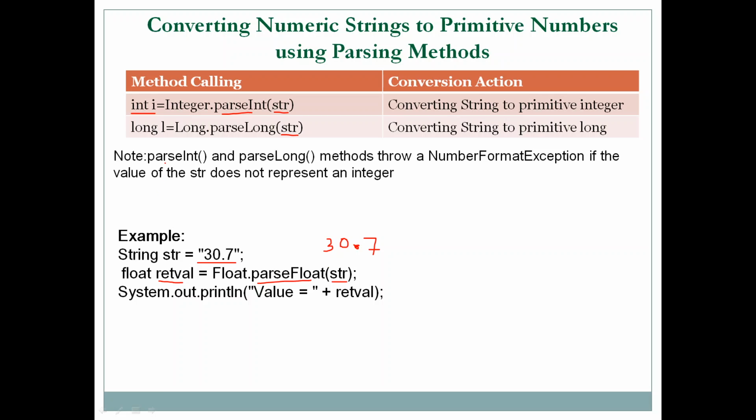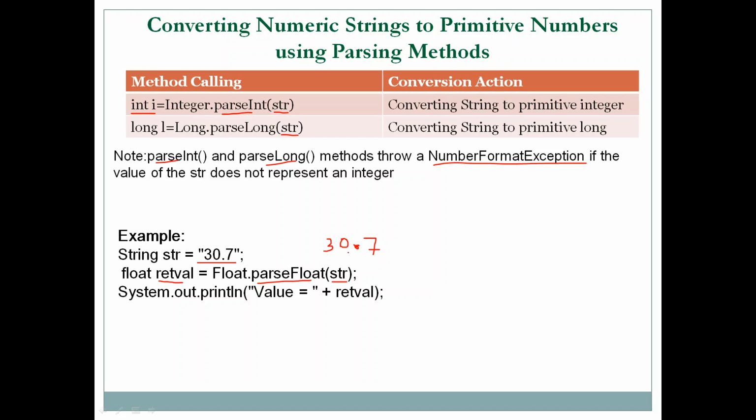Now one more thing to note here: parseInt, parseLong, parseFloat, these methods may throw an exception, that is, an error. It may throw NumberFormatException. It throws that exception whenever we try to convert a string into a numeric type, but the conversion is not successful.